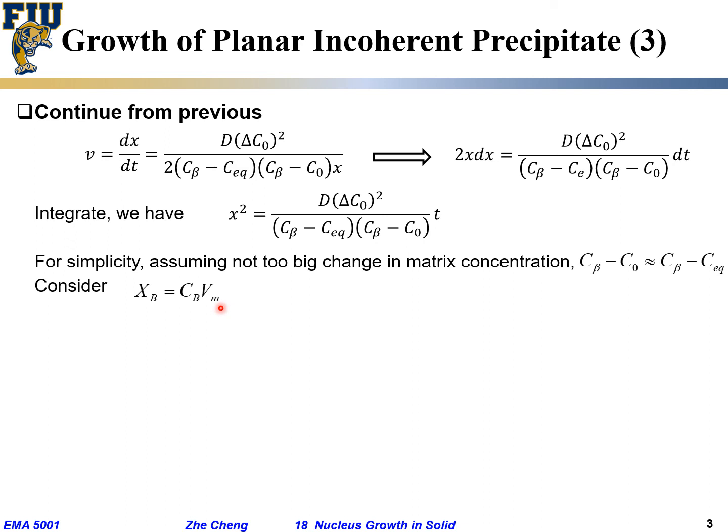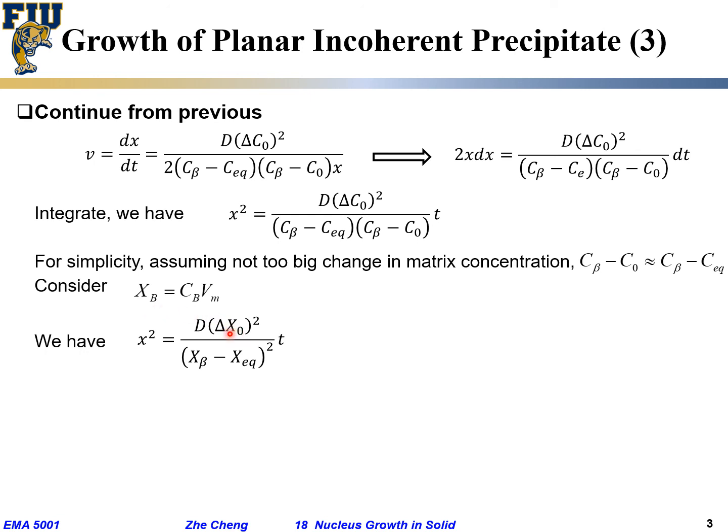Based on this relationship, we are going to rewrite our equations. On the left side we keep x squared, the location squared, but on the right side we keep D, we keep t, but then every C term we multiply by the Vm term, and then we change to molar fraction.